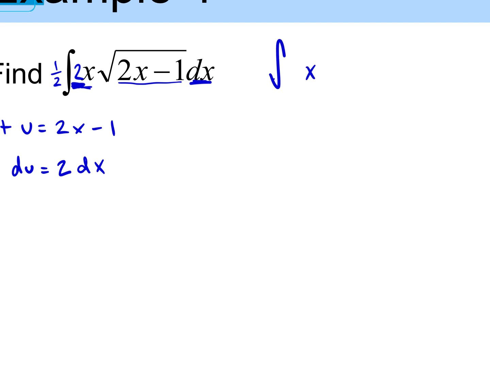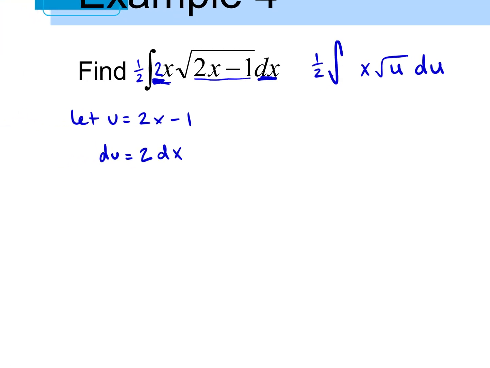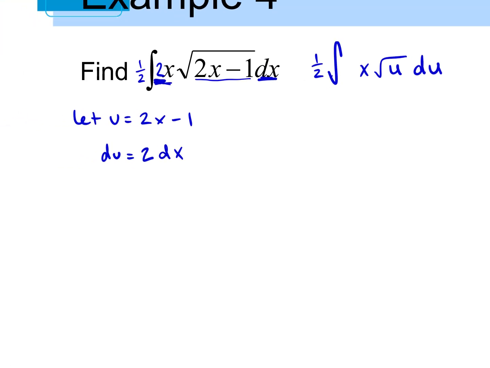So I have x times the square root of u du with the 1/2 outside. But I can't take the derivative of this because I still have that x in there. So what I need to do is find what x equals in terms of u. So I'm going to take my equation here, and I'm going to solve for x.